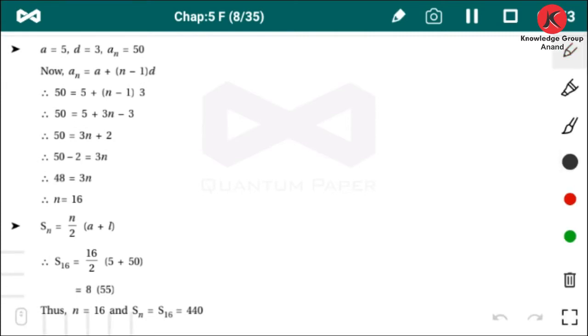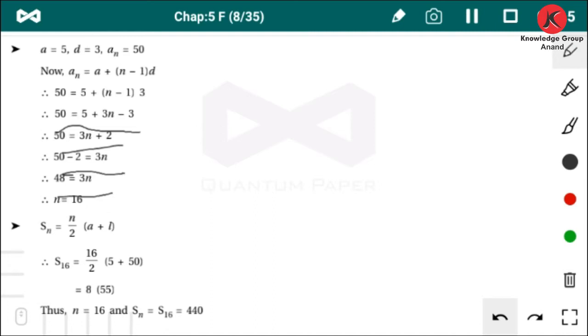Here 50 = 5 + 3n - 3, 5 minus 3 is 2, therefore 50 = 3n + 2. 2 goes to the opposite side, so 50 - 2 = 3n, 48 = 3n, n = 16.